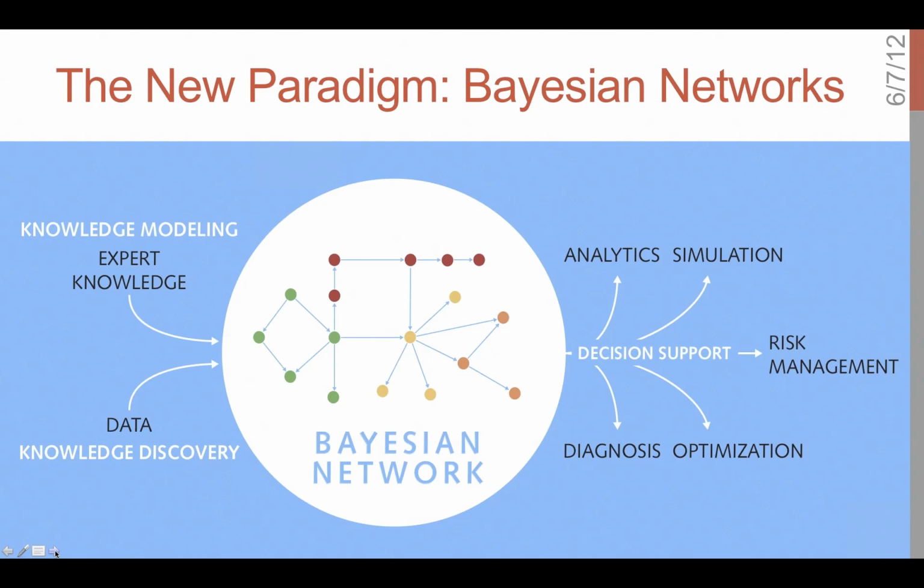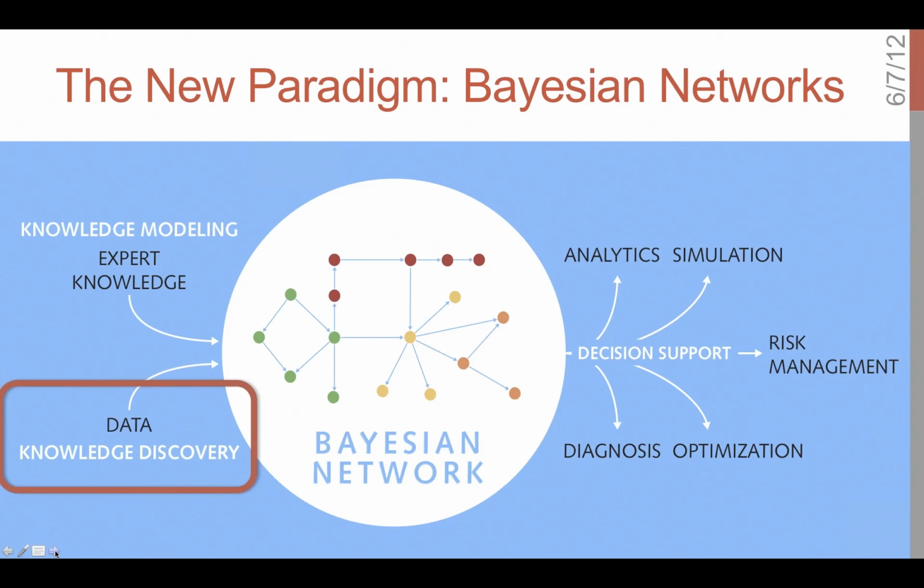The way we use Bayesian networks fills many roles. We see Bayesian networks as a form of universal research framework. You see here an example of a Bayesian network in the middle of the circle. There are two ways Bayesian networks can be generated. In many of the previous webinars, we have talked a lot about knowledge discovery through data mining.